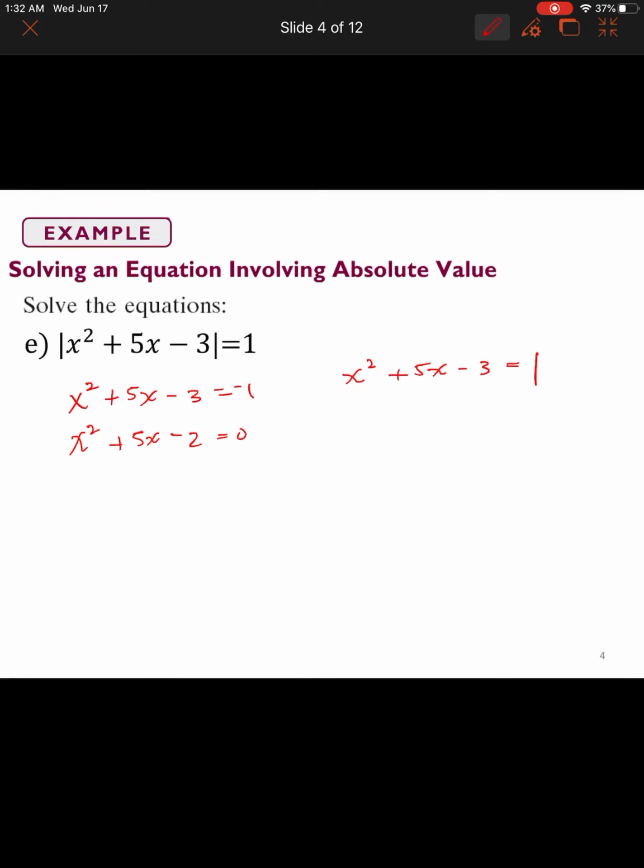And that's what happened on the left side. I'm just going to toss this into the quadratic formula. Write out my discriminant.